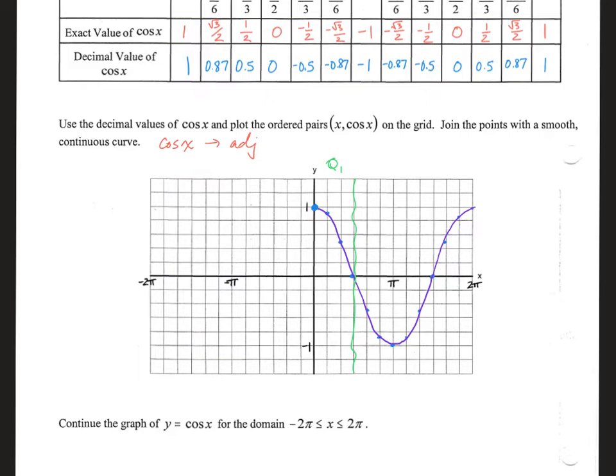And as soon as my terminal arm begins to rotate, my adjacent side gets shorter, until we get to pi by 2. And when my terminal arm is vertical, I have no adjacent side, so a value of 0.